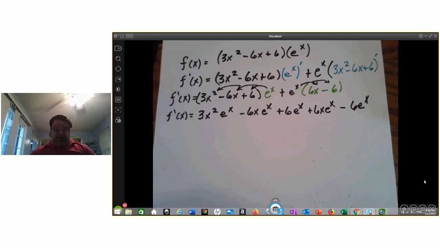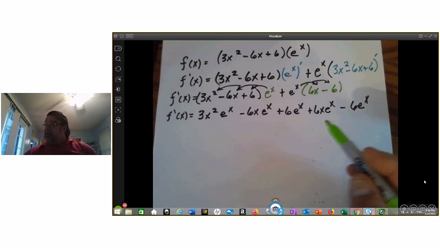And what happens after you distribute those e to the x's? What usually happens after you use the distributive law? Something is going to combine or cancel out. And what cancels? Well, that's 6e to the x. That cancels.